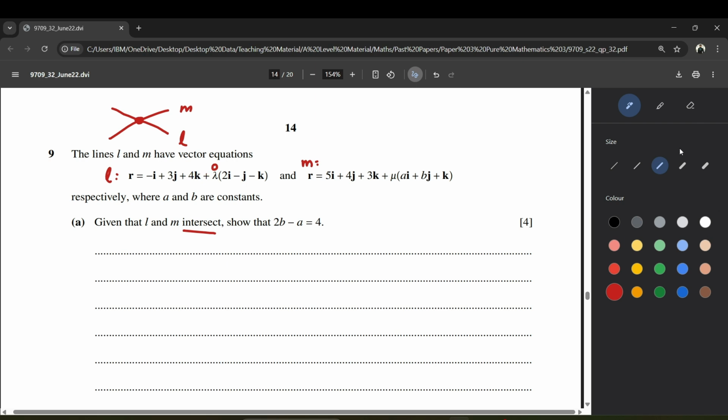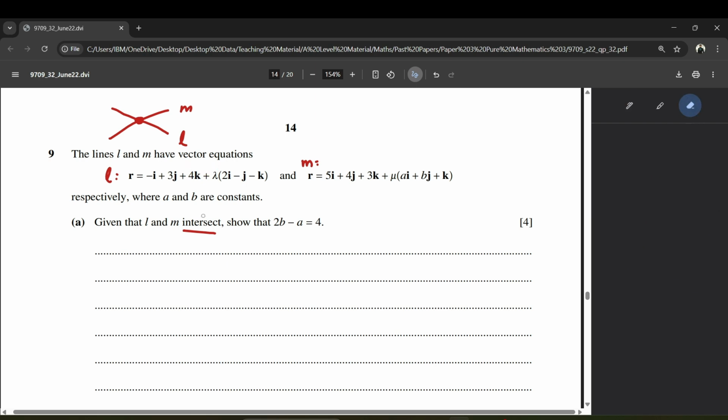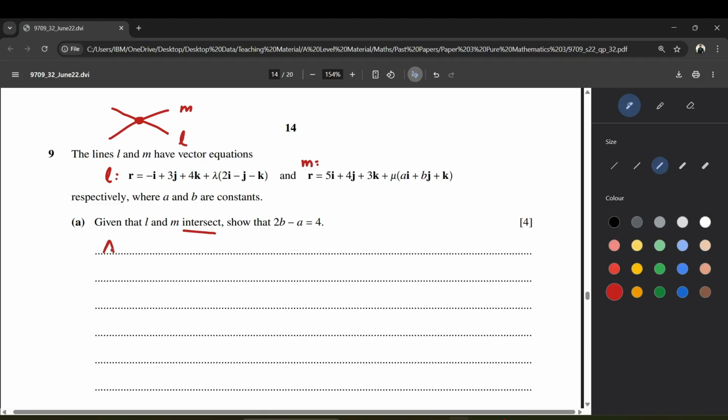All right. So we can write this first, that at intersection, the position vector from both vector equations is equal.